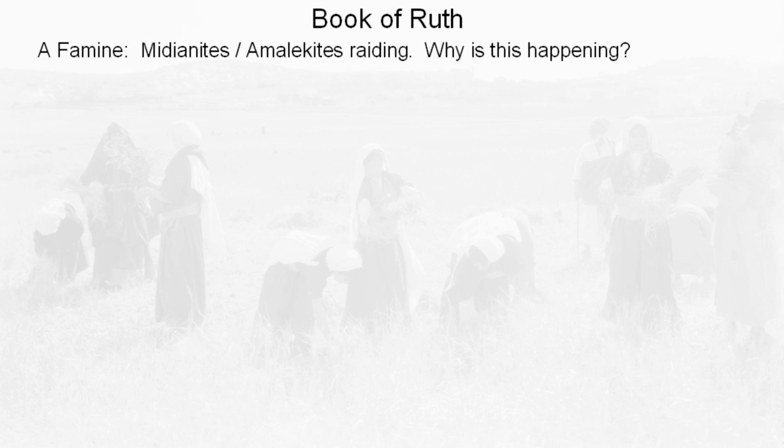But clearly, in the very beginning of the book of Ruth, we see that the famine is upon the land, whether it's from natural sources of not having enough rain or insects eating the crops, or the Amalekites and Midianites coming in, God's hand of protection is not upon them.